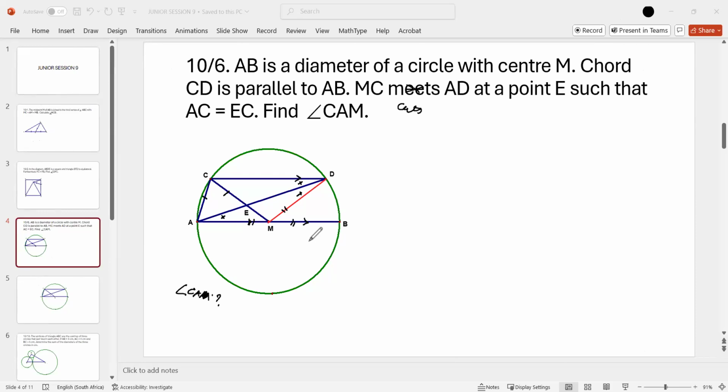Is there any other angle that we can name? You can put it into the chat column the way Derek did it. I'll give you a hint. We've got an isosceles triangle here, MD equals MC.